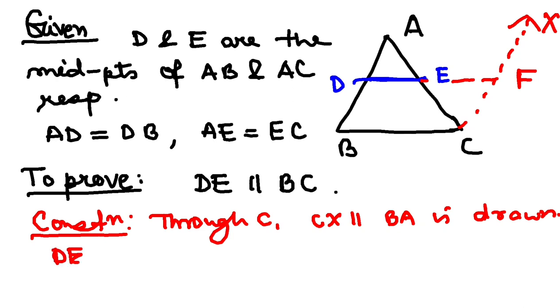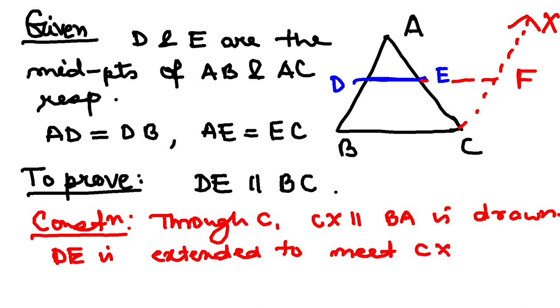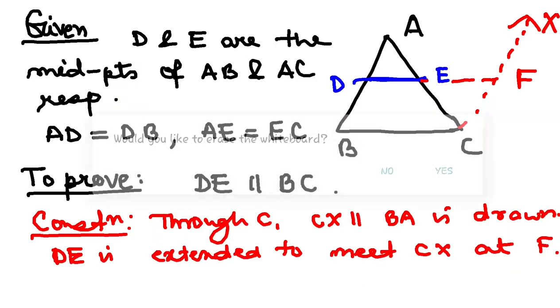DE is extended to meet CX at F. Okay, following till now? Alright. So we have two triangles now, ADE and CEF. Okay, so now I have to prove these two triangles congruent.